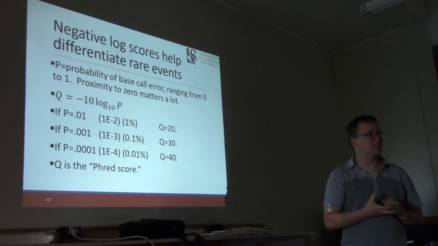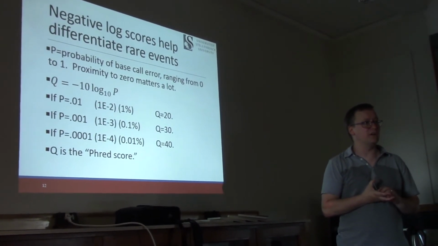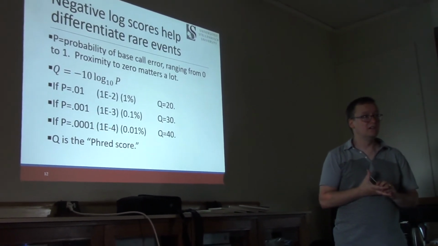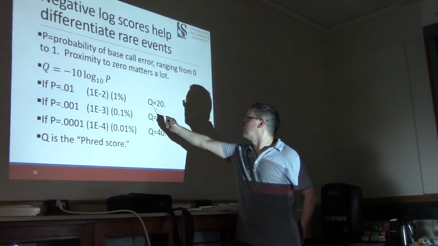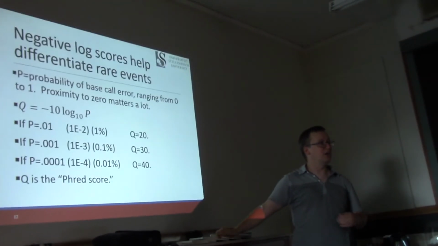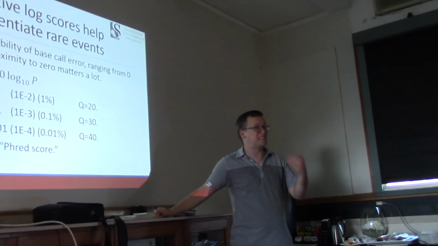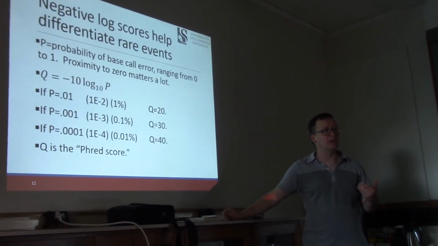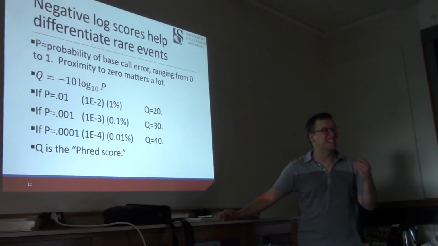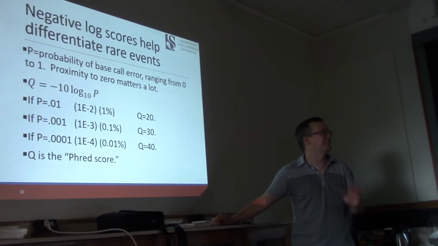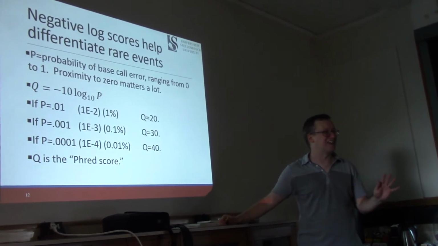Do we trust the nucleotide? It's got a chance of error that's 1 in? 100. Okay, we said that 20 corresponds to an error of 1 in 100. So a Phred score of 10 corresponds to an error of 1 in? 10. 1 in 10. Okay, that sucks. We do not want to deal with anything that's got a Phred score of 10.